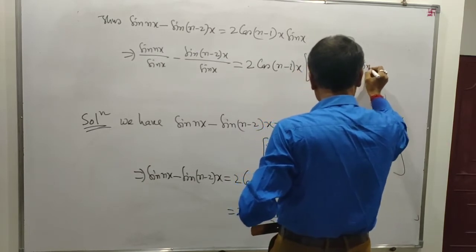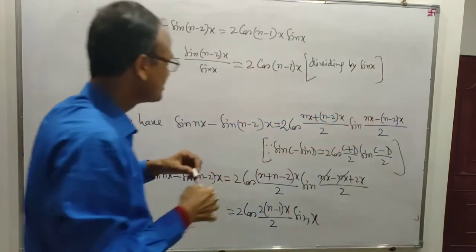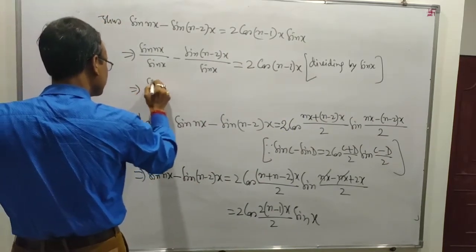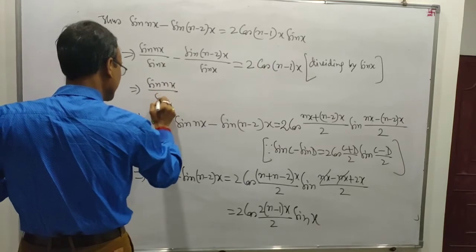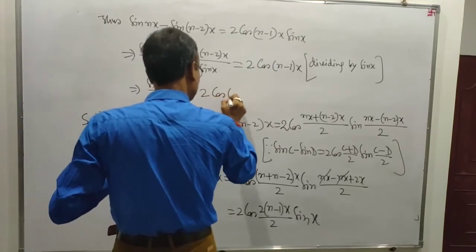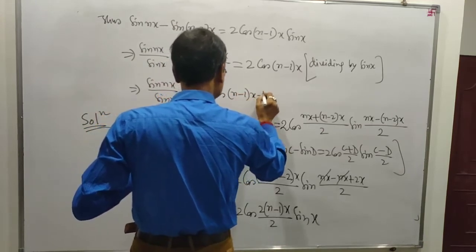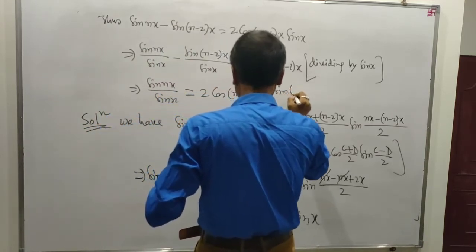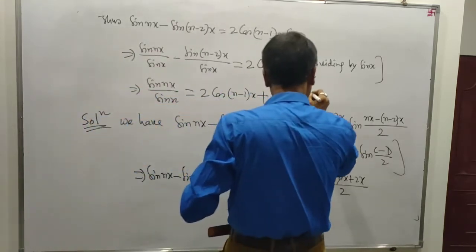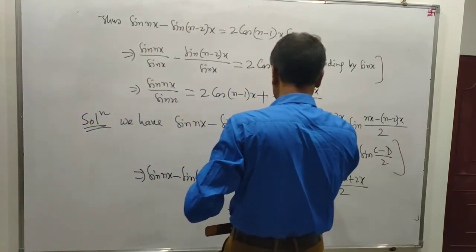Dividing by sin x, we get sin nx divided by sin x equals 2 times cos (n minus 1)x plus sin (n minus 2)x divided by sin x.